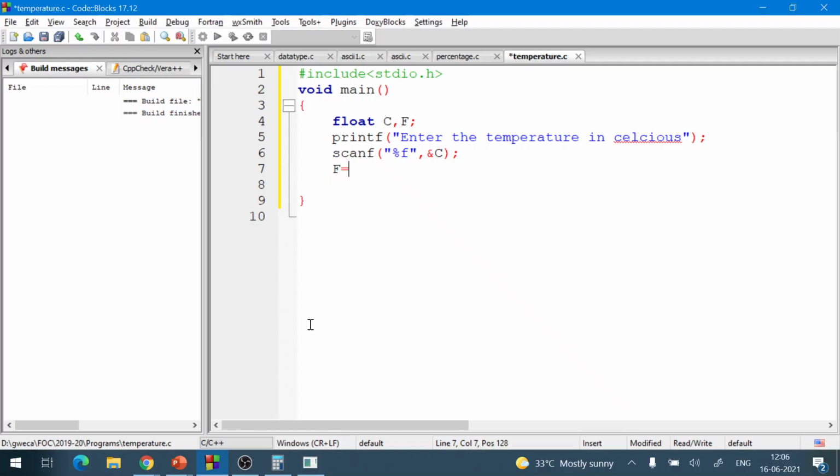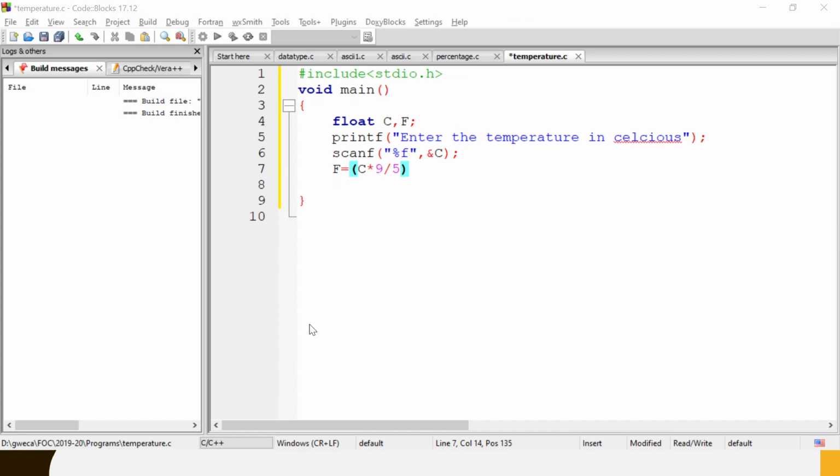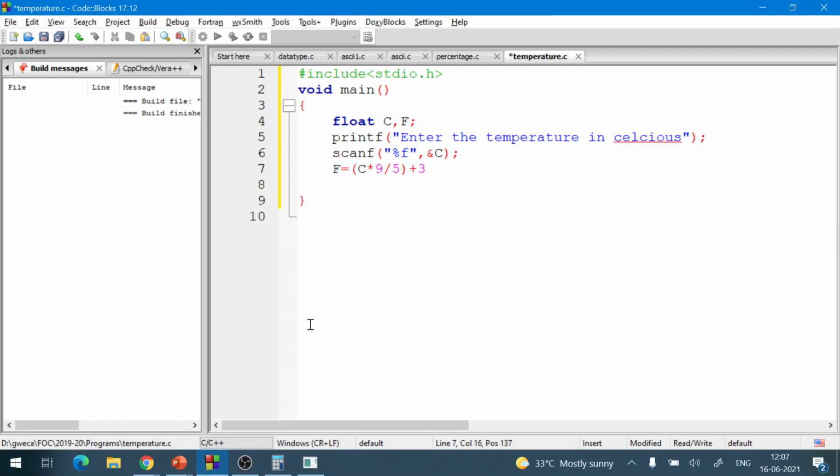F equals C into 9 by 5. So we have to write this formula very correctly. C into 9 divided by 5 plus 32. Now this is the formula for this.